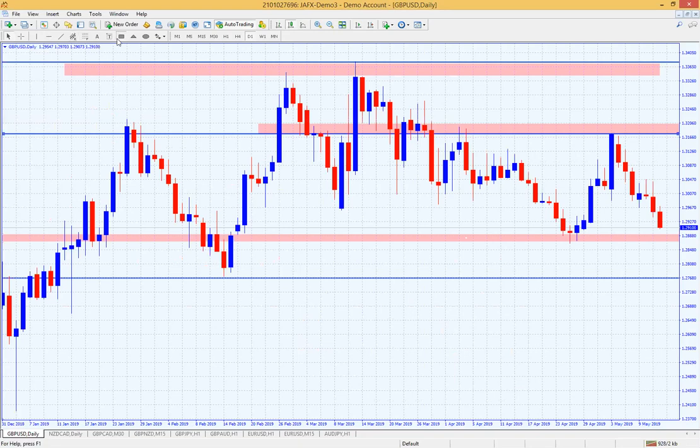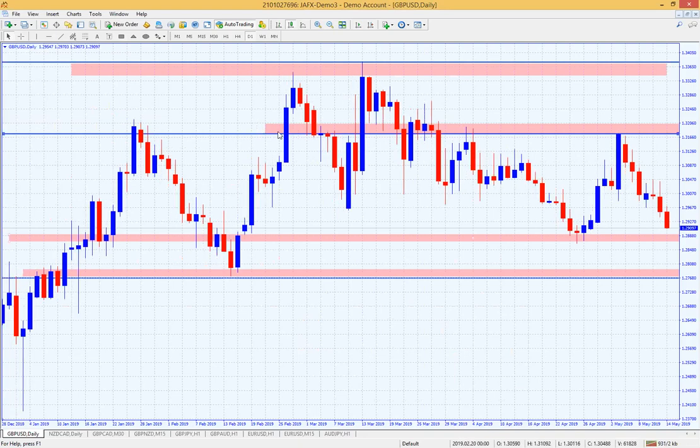When price hits these certain areas, see right here, it actually went past it. Again, that would be a zone.